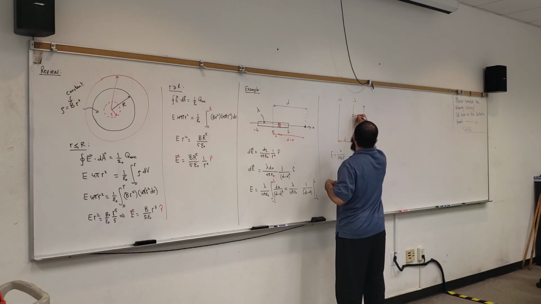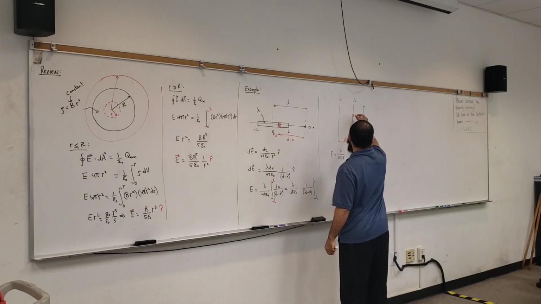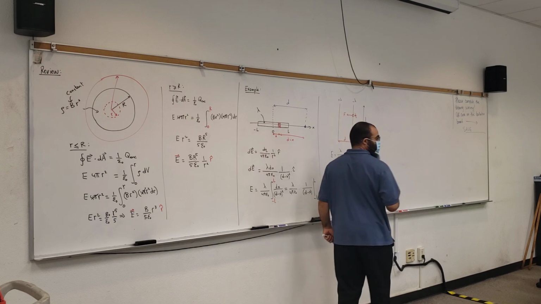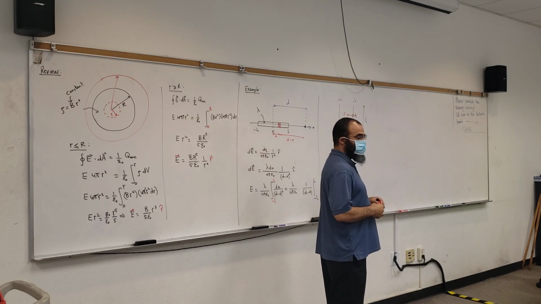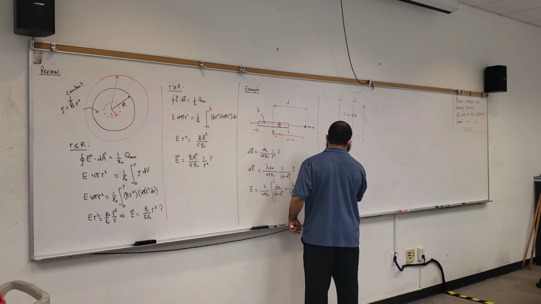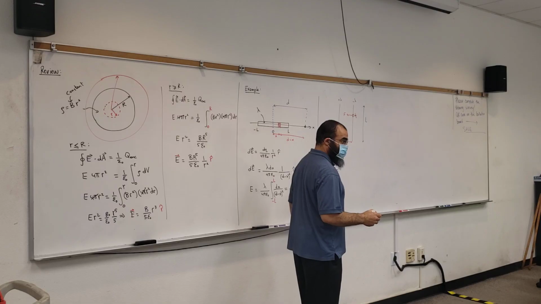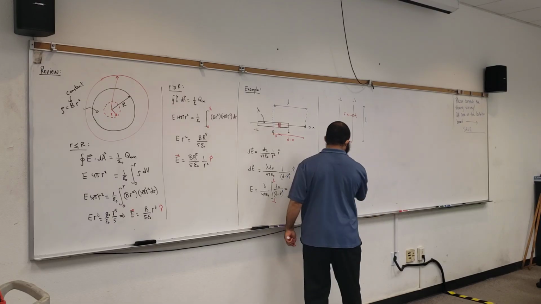There'll be a little dq here, and it will experience a force in that direction. So what would the force be in terms of the electric field? dq times the electric field, excellent.